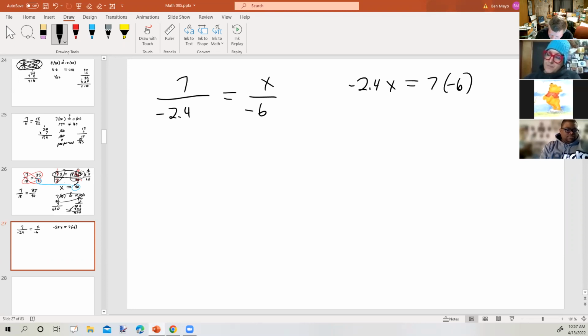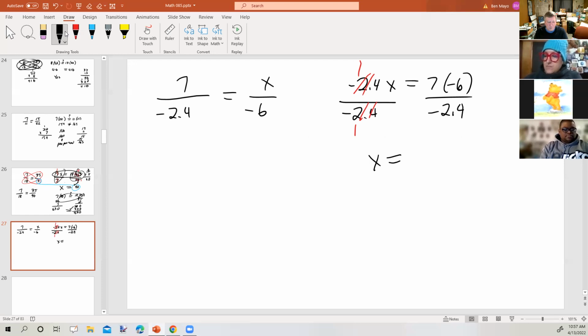All right, step number 2, isolate the variable. So we're going to divide both sides by the coefficient of the variable, which is -2.4. And there's what you talked about, Courtney, 7 times -6 divided by -2.4. It's in there, yes. So then this is going to reduce down, and we're going to have x equals.